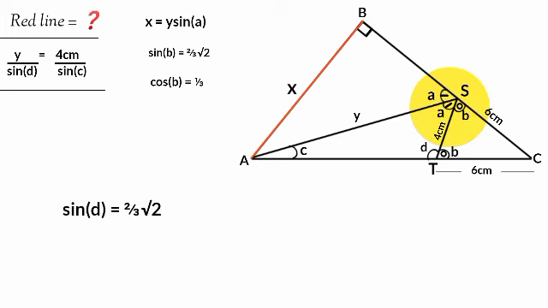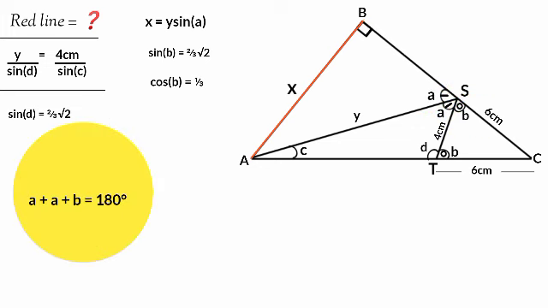Now come here also, this angle and this are also lying on the same straight line. So 2A plus B equals 180 degrees. If we take B to the right hand side of the equation, 2A equals 180 degrees minus B. Now take the cosine of both sides.